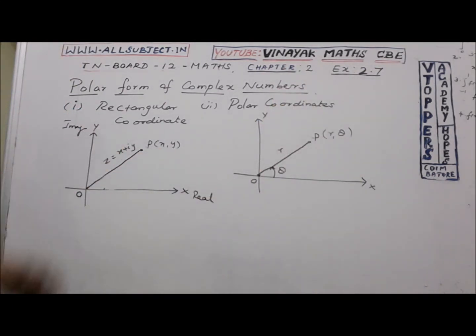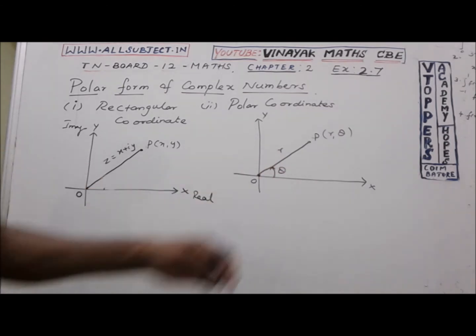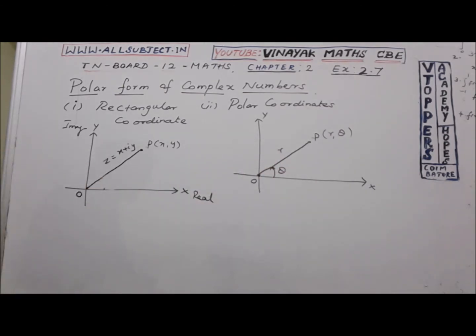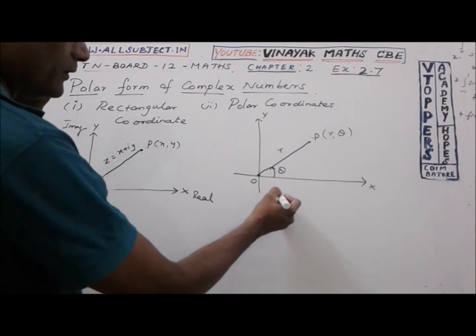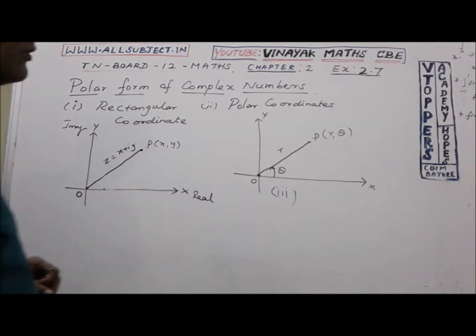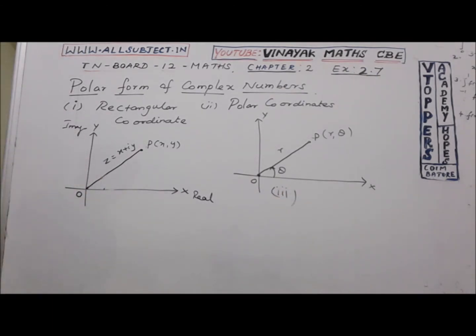Here we have the rectangular coordinate system, and the next one is the polar coordinate system. Now, superimposing polar coordinates on rectangular coordinates. Look here, the third case is the superimposition of polar coordinates on the rectangular coordinates.